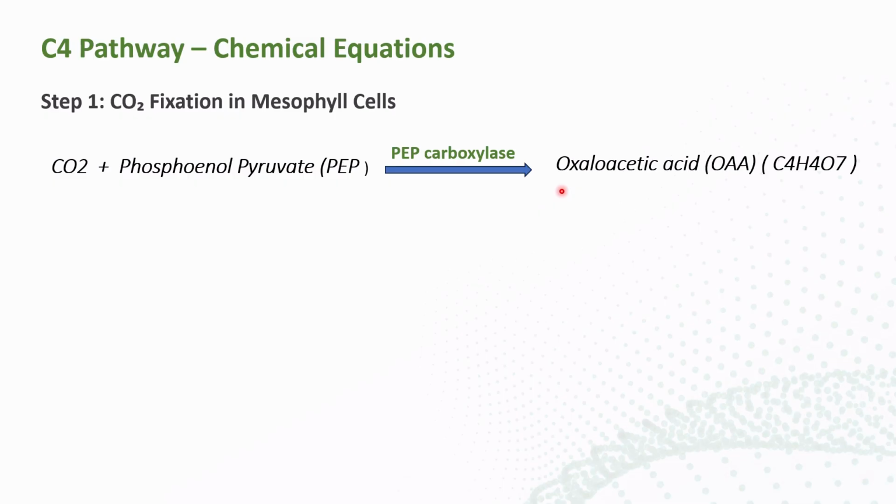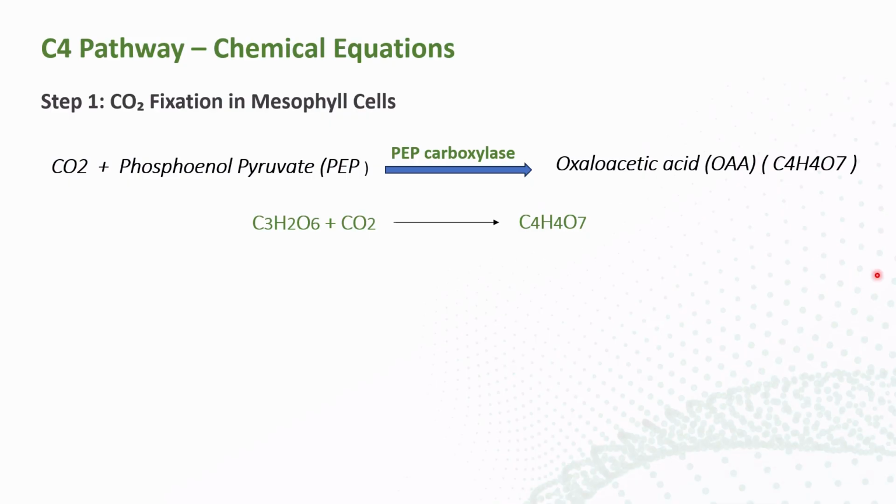So that's why it is known as the C4 pathway. Obviously, we learned that the first product formed in the C4 pathway is a 4-carbon one. If we see it as an equation, you can observe that phosphoenol pyruvate is a 3-carbon compound. When it combines with carbon dioxide, it forms a 4-carbon compound, oxaloacetic acid.